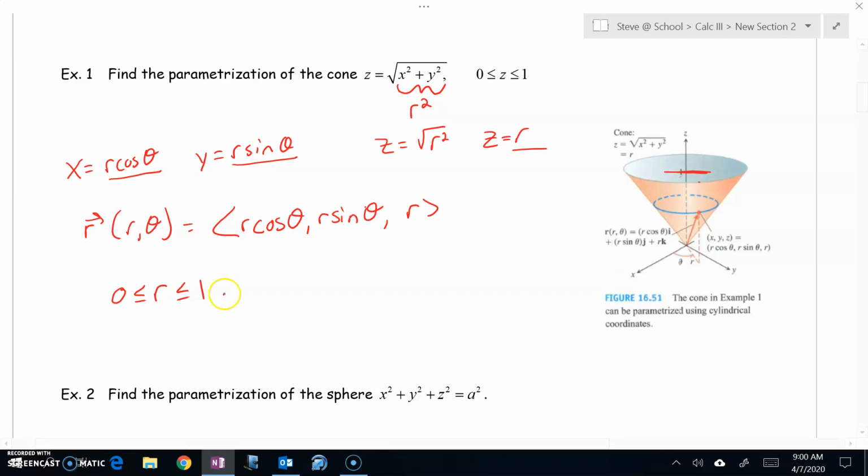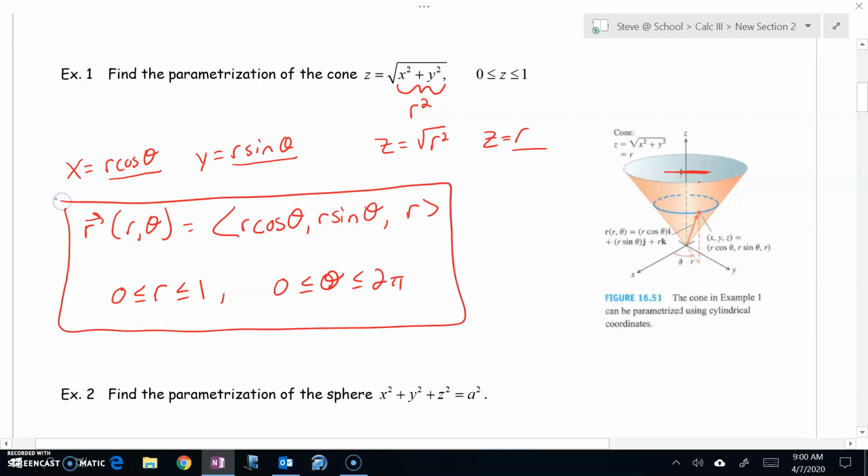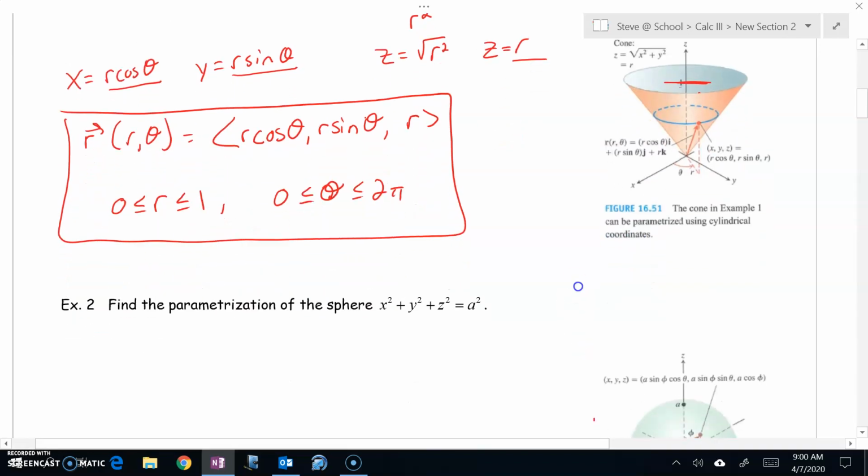So therefore, our theta goes between 0 and 2 pi. Okay, so this is the entire answer. This represents the cone, and these are the values for the bounds for the 2 parameters that we did it in terms of. So that is turning it into an equation with 2 variables.